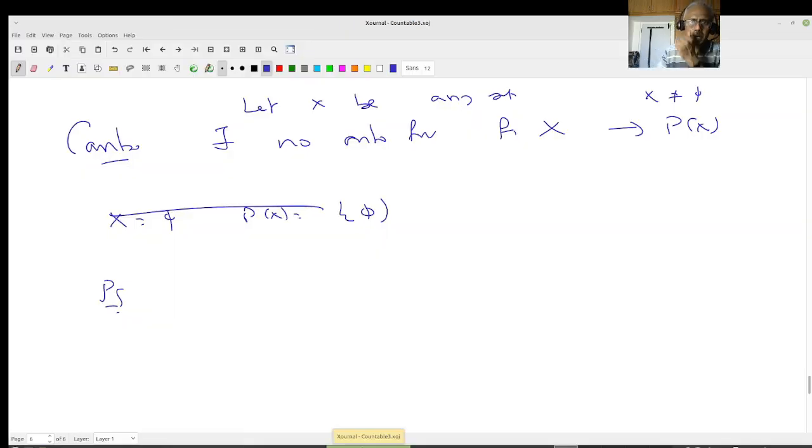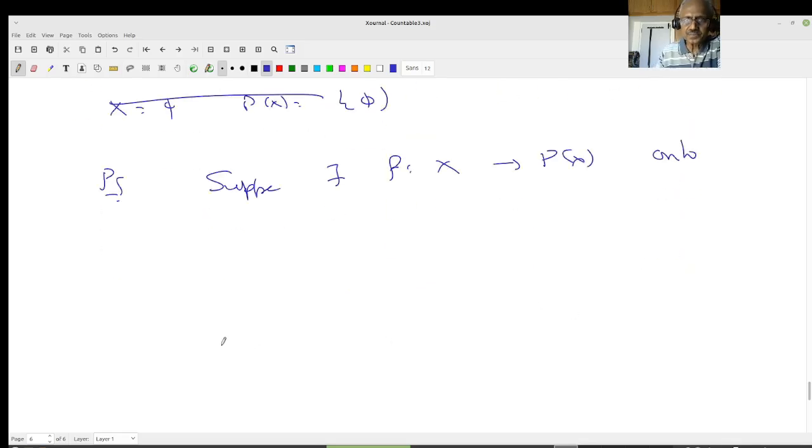Suppose there exists f from X to P(X) which is onto. Now I want to arrive at a contradiction, right? So if you give me an element x in X, f(x) is in P(X). What does it mean? f(x) is actually a subset of X. You understand?